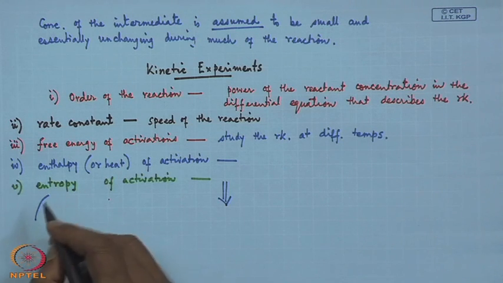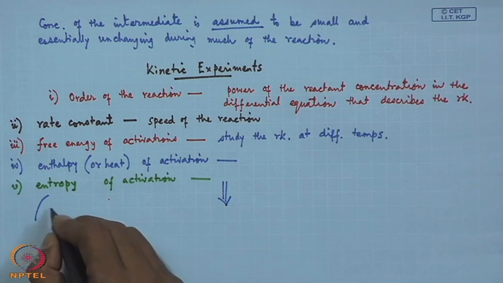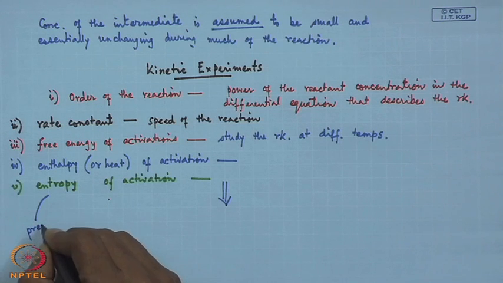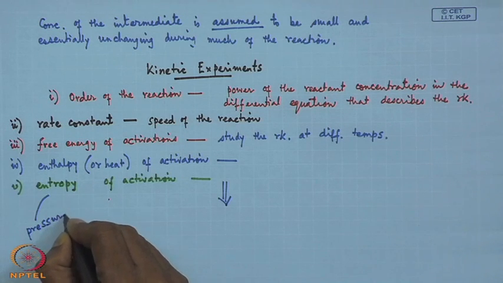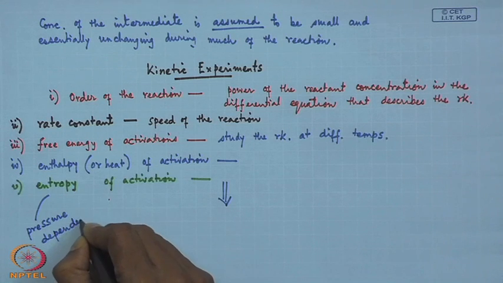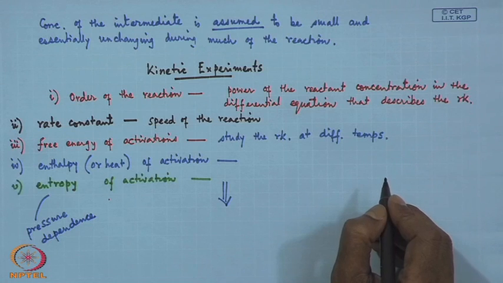If we determine all these together, then we can find out, because in some cases we have other dependencies also, that means the pressure dependence. If there is a change in the pressure while going from left to right, we get the corresponding pressure dependence of any particular reaction.